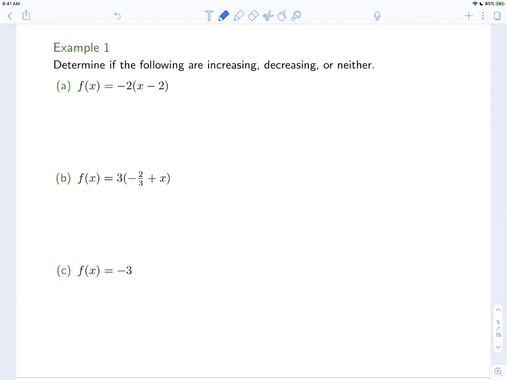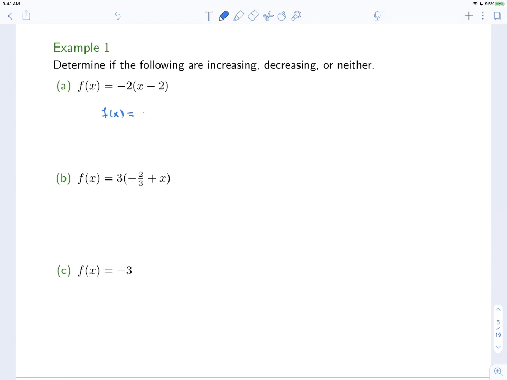For this example, let's determine whether each of the following linear functions are increasing, decreasing, or neither of those two. Well, you just need to figure out what the slope is. The slope is the m in y equals mx plus b. So let's start with a. f of x is equal to negative 2 times (x minus 2). So what we're going to do is distribute this negative 2.